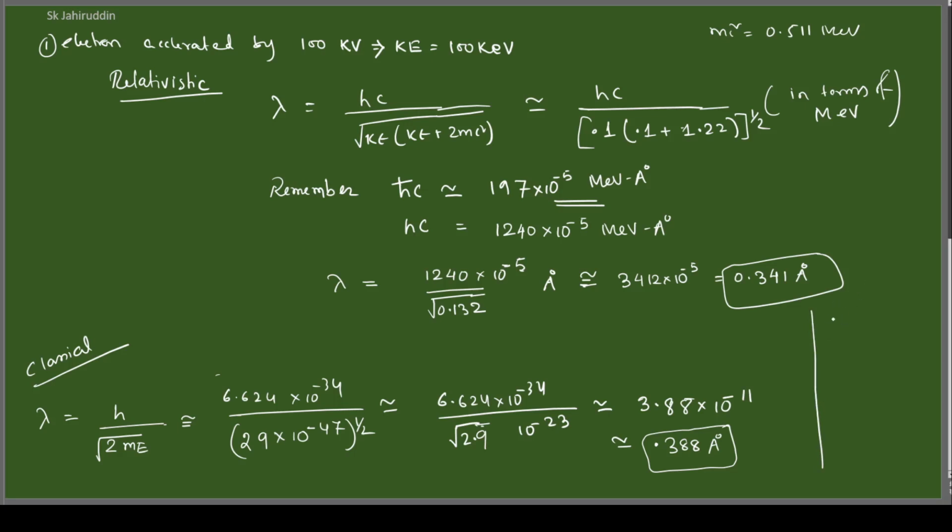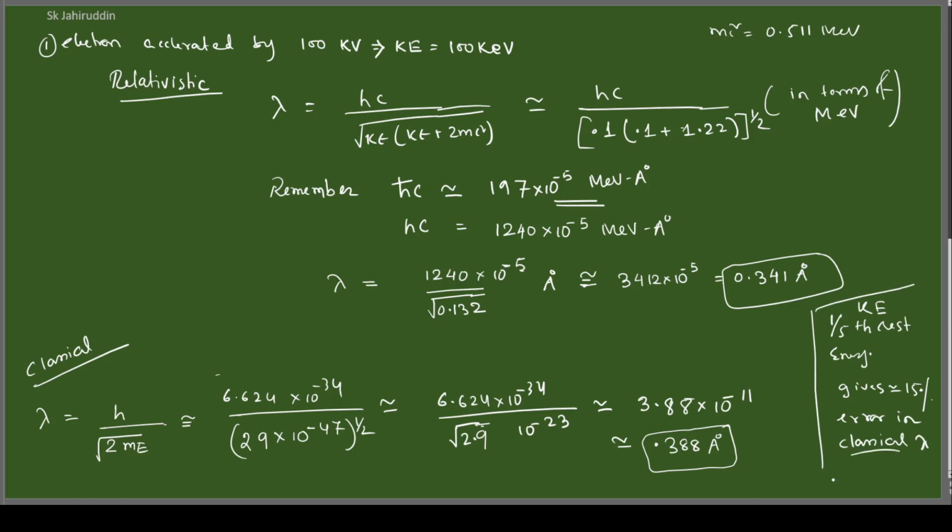So KE equal to 1/5 of rest energy gives around 15% error in the classical lambda.